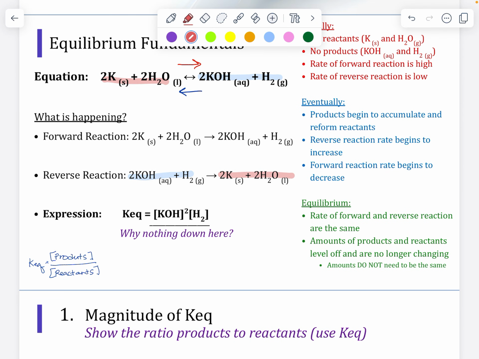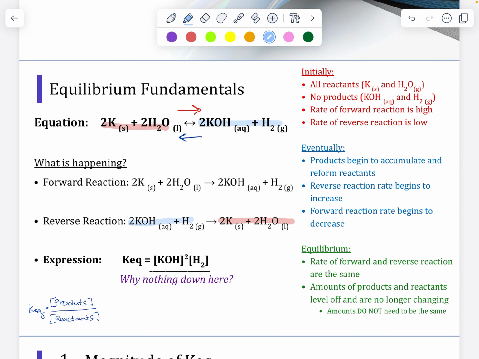Well, we have 2KOH, so we have KOH concentration squared. That 2 is a coefficient, and the coefficient becomes an exponent. And then we have that hydrogen concentration. But because we have a solid and a liquid, those concentrations can't change, and so those aren't included in our KEQ expression.